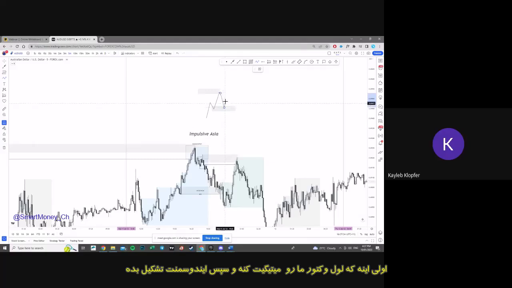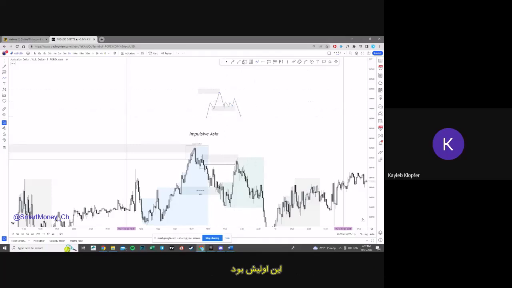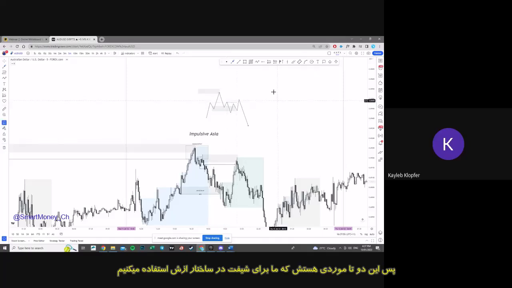One is we can mitigate our vector level, then create inducement for it. Or the next thing we can do is we can create inducement, break our vector level, and then continue down. So that's the two things we need for our market structure shift.